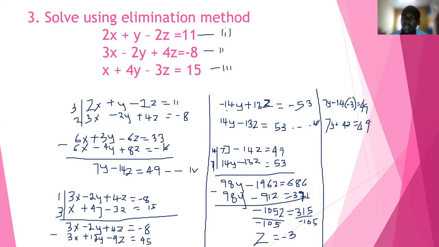So 7y is equals to 49 minus 42, which is 7, divide by 7. So y is equals to 1.